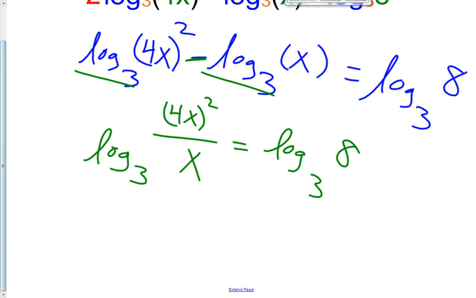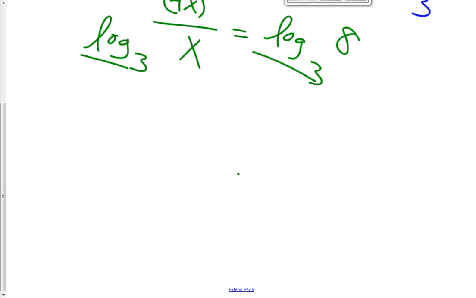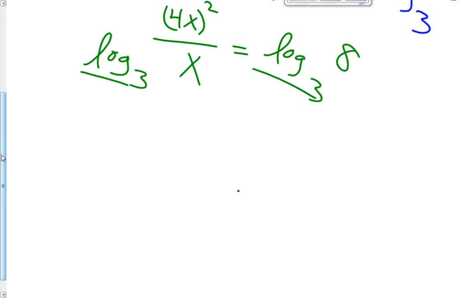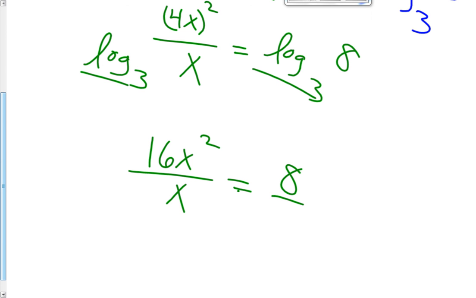Now I see log base 3 and log base 3, so I can set 4x squared, which is 4x quantity squared, the same thing as 16x squared. 4x times 4x is 16x squared, divided by x. That equals 8 over 1.